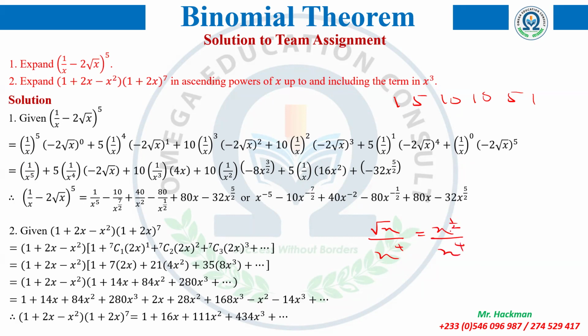And as one of the rules of indices, if I have a to the power m all over a to the power n, this will be equal to a to the power your numerator exponent minus your denominator exponent. You know this. So that's what I did.